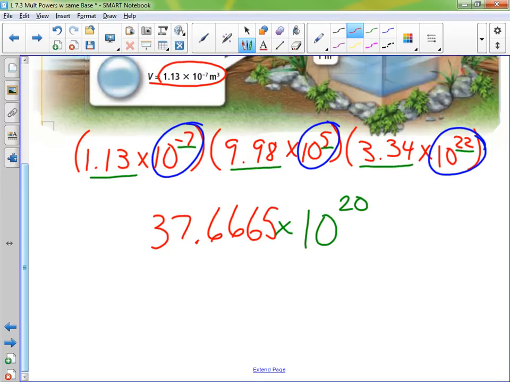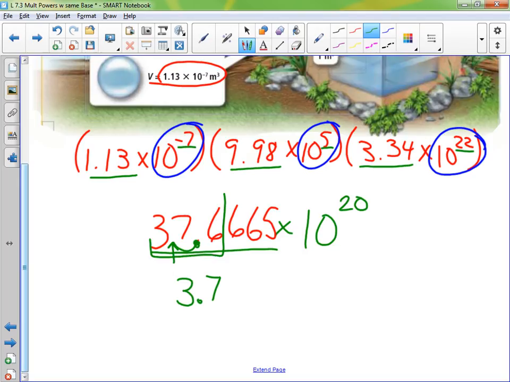No. First, it's got too many digits, and second, the decimal point is in the wrong spot. So I'm going to take just this number and write it in scientific notation. Here's the decimal. This is where I want it to be, so I have to move it one place. I get 3.7.